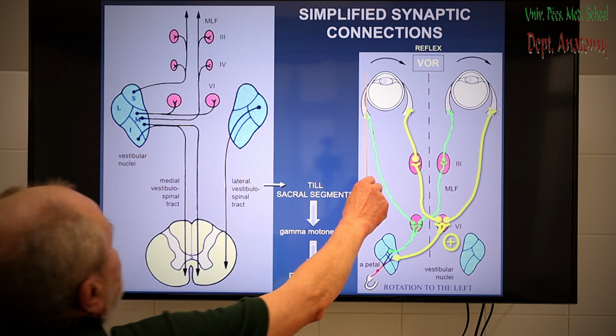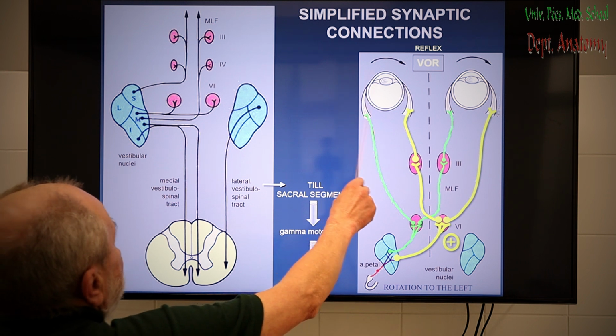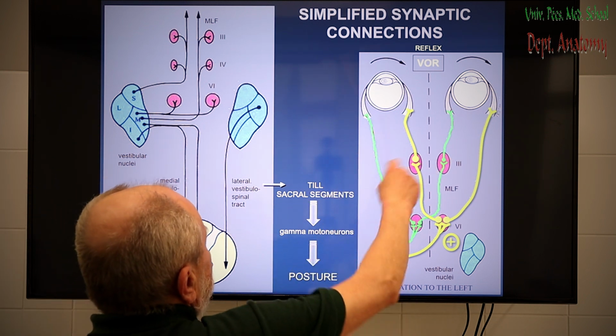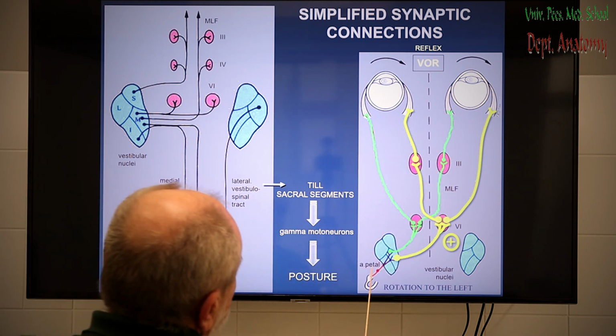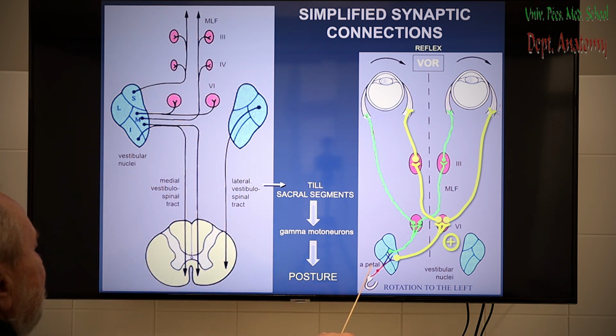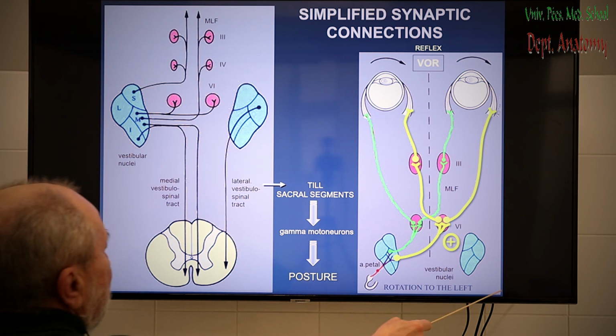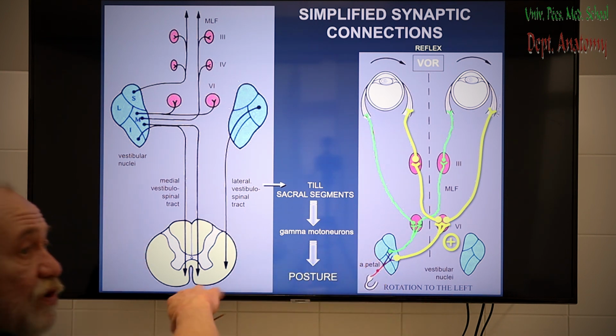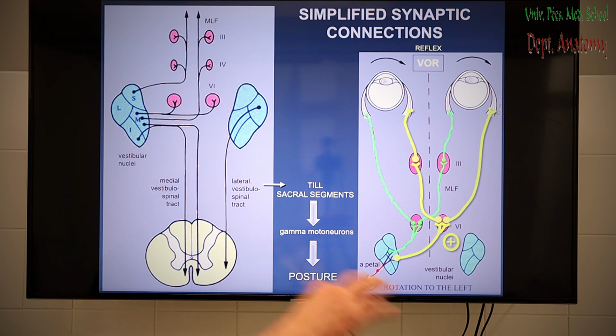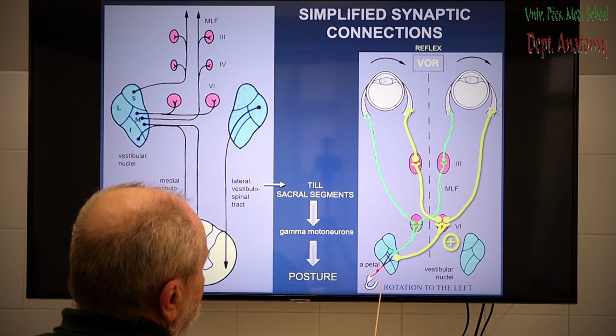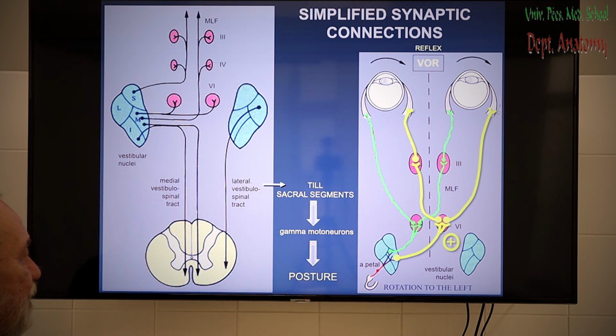In case of rotation of the head to the left, it produces activity, ampulopetal movement in the lateral semicircular canal of the left side, of course. Because the turning of the head fits into the horizontal plane, the lateral semicircular duct, the ampullary crest, is responsible for the perception.